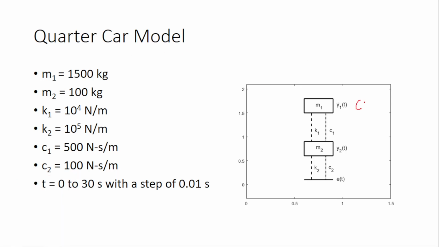This part is the car body, this part represents the wheels, and K1 and C1 represent the suspension, and K2 and C2 represent the stiffness and damping of the tires.